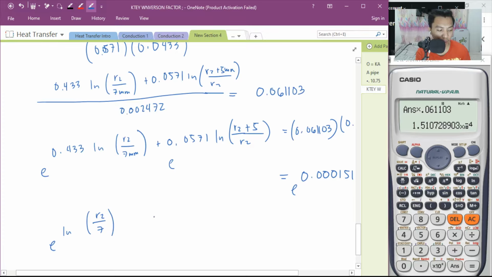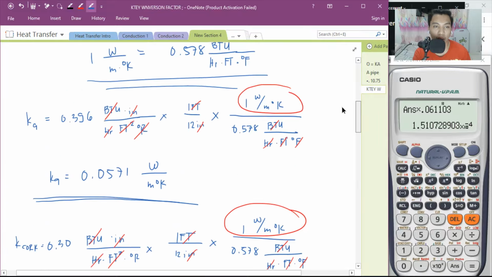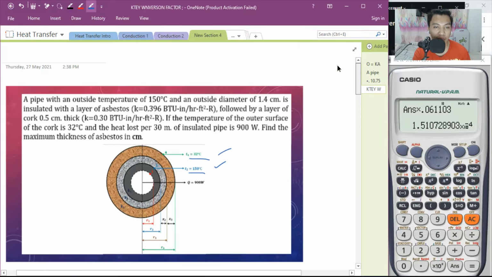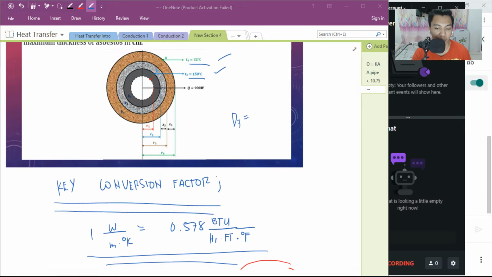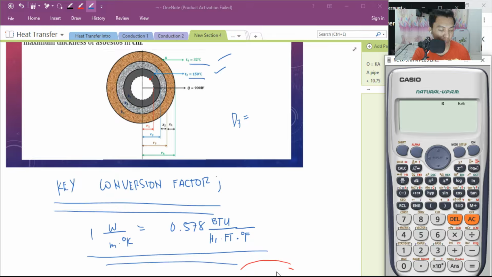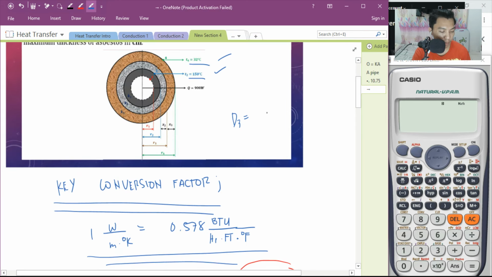Pero pag kinalkyo mo to, pwede mo siyang diretsuhan na ikalkyo. Shift solve sa calcu, ang maso-solve mo dito na D3. Hindi ko kasi ma-shift solve dito, eh. Ayan, nag-turn off yung calcu ko. Shift solve ko siya, ang lalabas diyan is 43.766 mm. Yan yung D3.